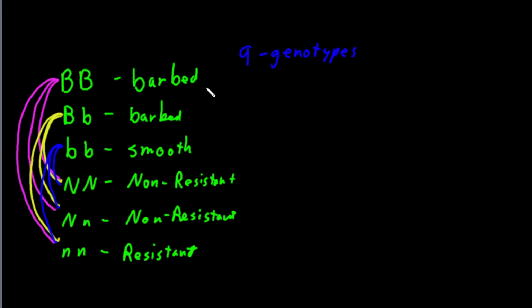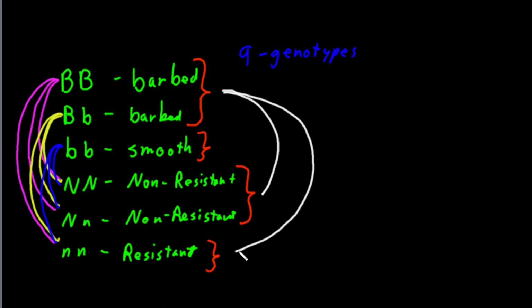What about phenotypes? Well, since barbed is one phenotype, smooth is another, non-resistant is a phenotype, and resistant is another, we could end up with barbed connecting with either our non-resistant or our resistant. There are 2 possibilities.